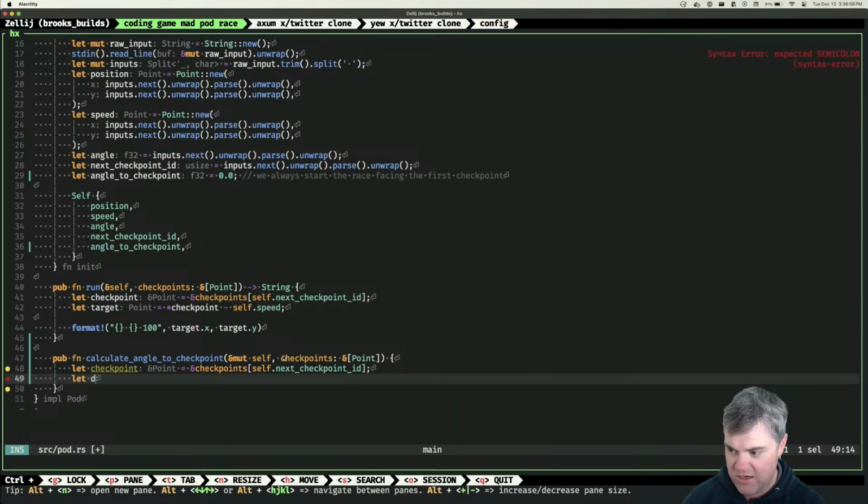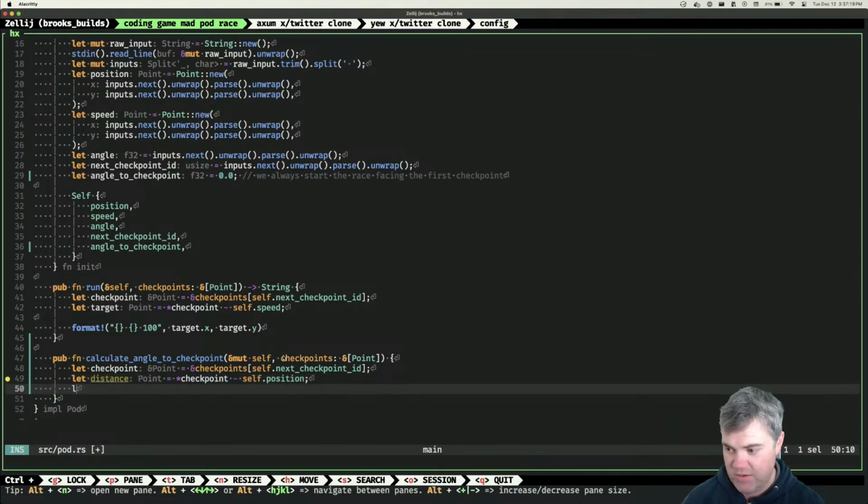So let our distance be the checkpoint minus self dot position. That gives me my x and y point. And then we can do our angle: take the difference between your orientation and that angle.